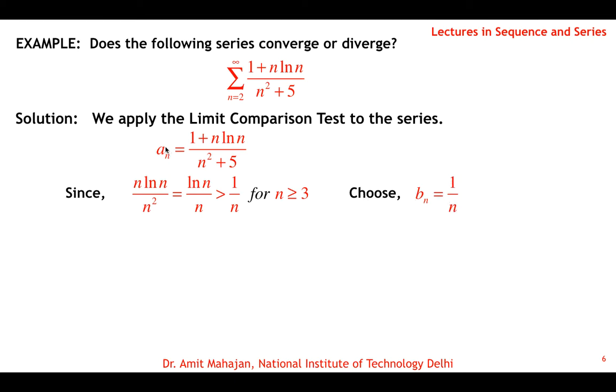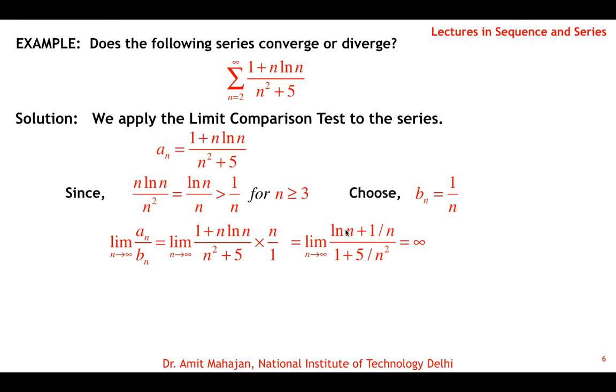If we calculate the limit comparison test, the limit of an by bn, as n tends to infinity, an over bn, so bn becomes n by 1. Again we can take n square common and rewrite this as log n plus 1 by n over 1 plus 5 by n square.